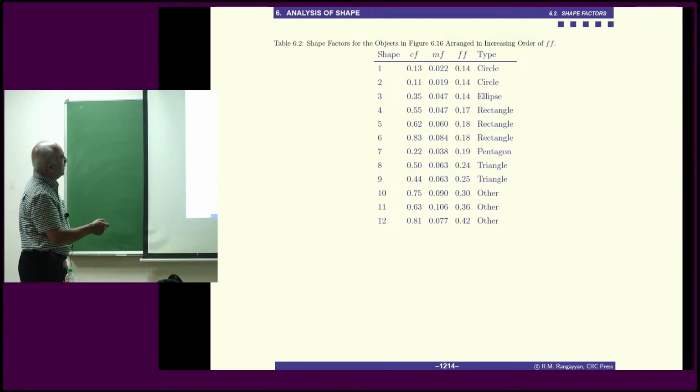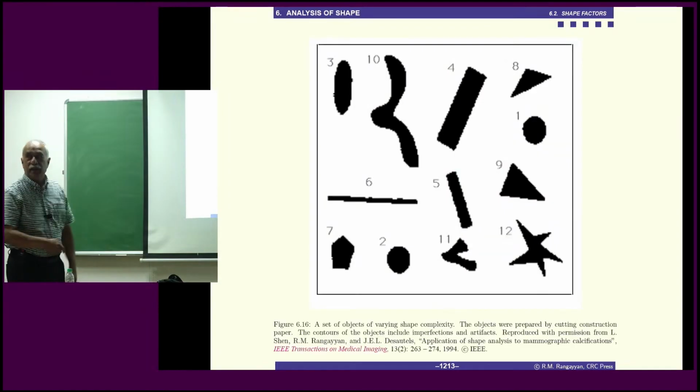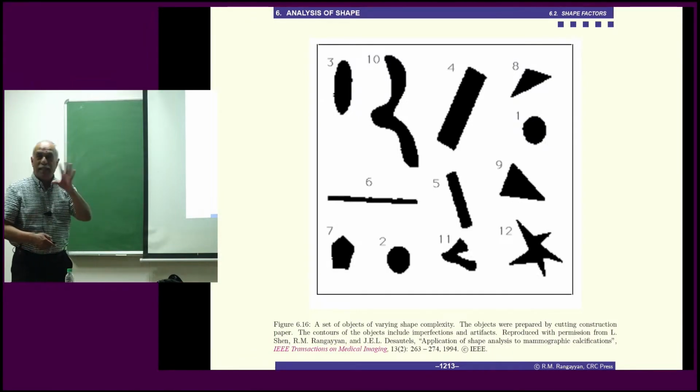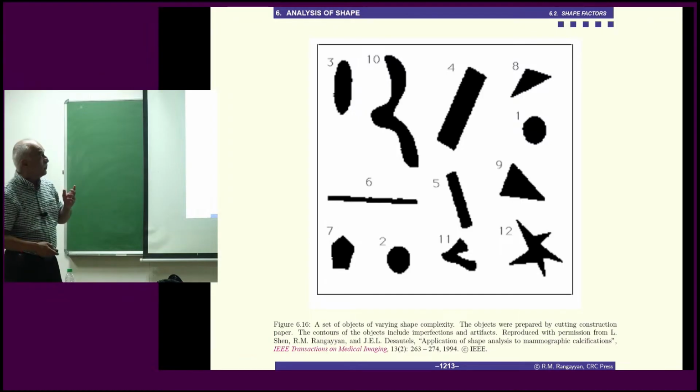The Fourier descriptor-based factor agrees with this ranking that Liang had put in: 0.14, 17, 18, 19, 24, 25, 30, 36, 42. As I said, you may rank order these in a different way based on your perception of sharpness or complexity of some manner.